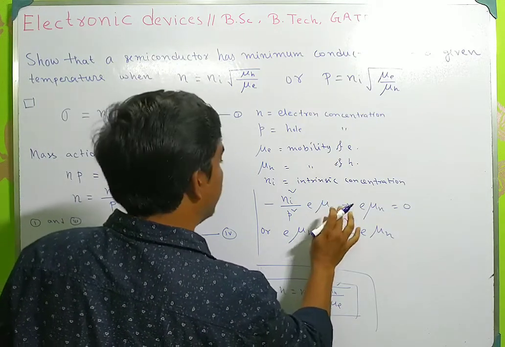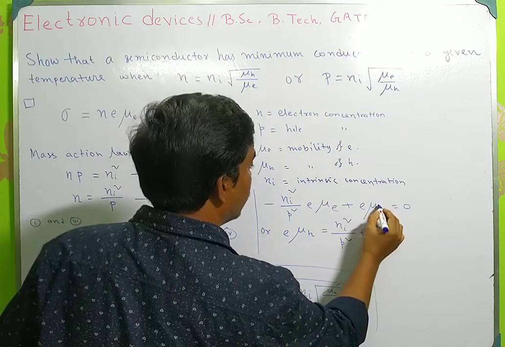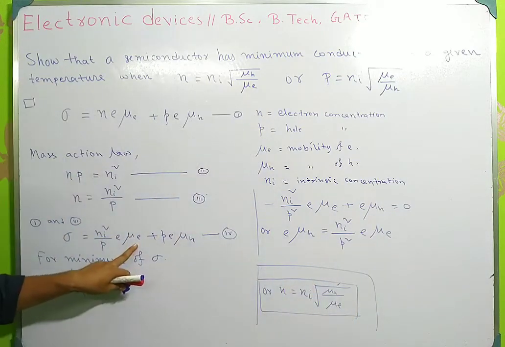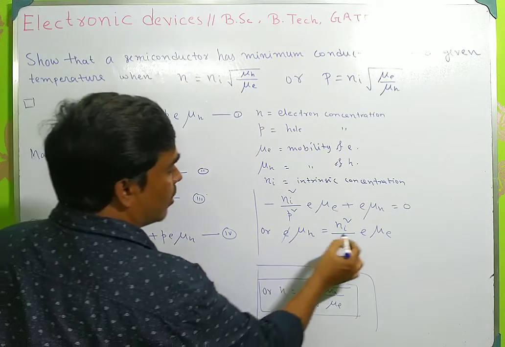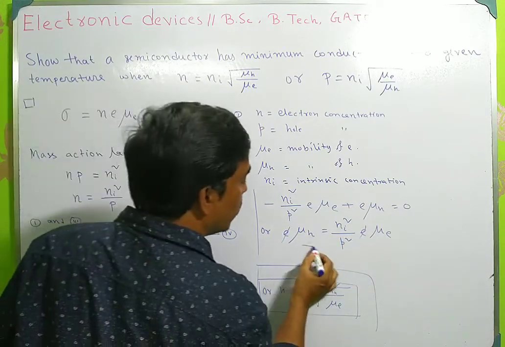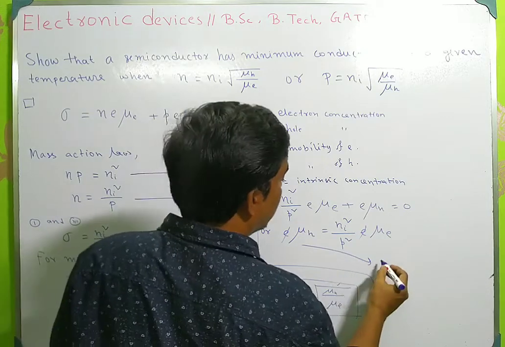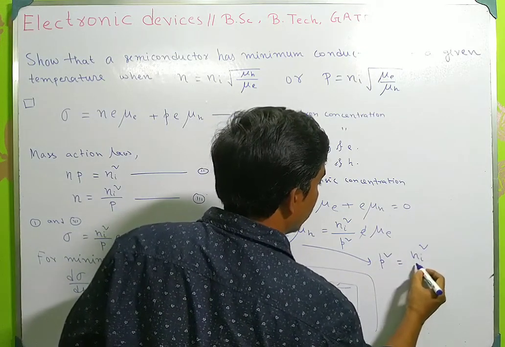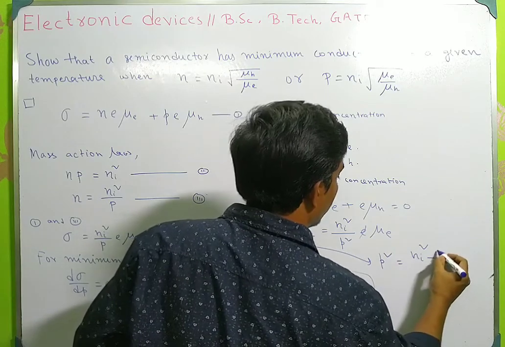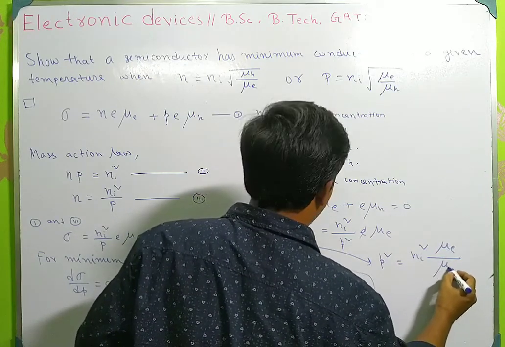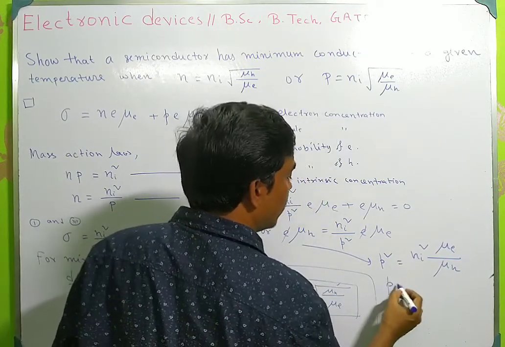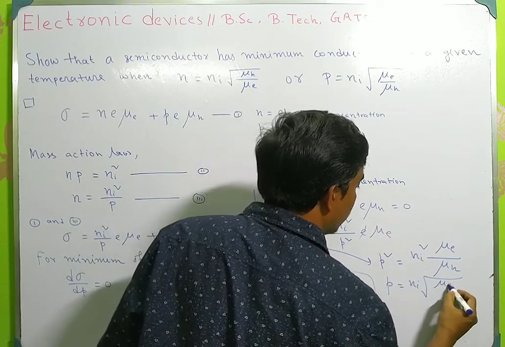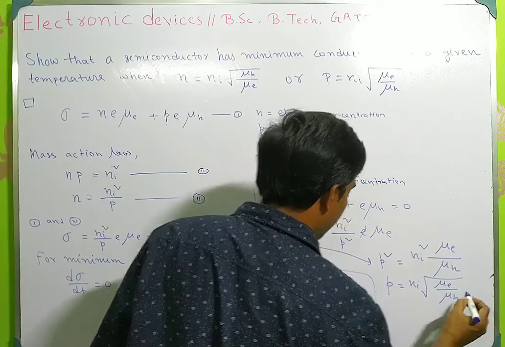This is mu e, and this is mu h. So the e cancels out. From this equation we can say that p square equals ni square into mu e by mu h. So p equals ni root over mu e divided by mu h.